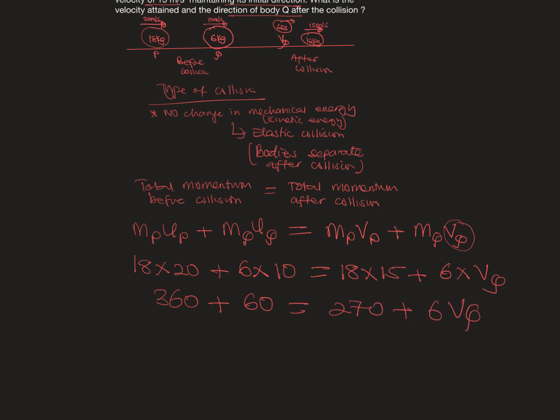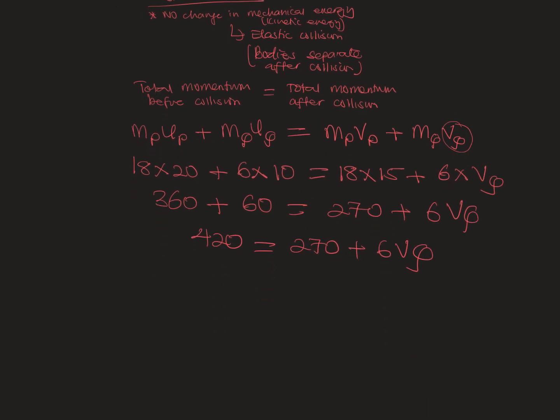So 360 plus 60 is 420. This is equal to 270 plus 6 VQ. If I collect like terms, it will be 420 minus 270 is equal to 6 VQ. And that gives 150 is equal to 6 VQ.